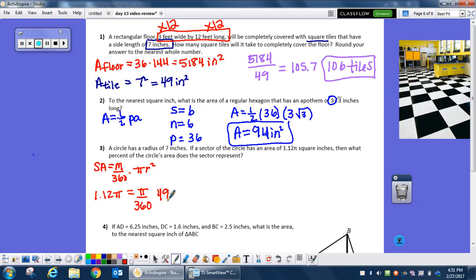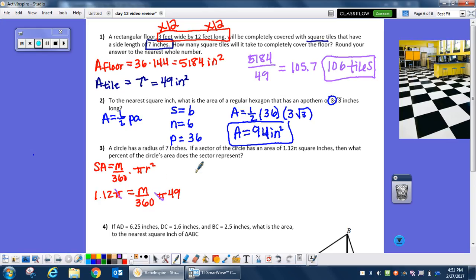Okay? Alright, and then the pi's are gone, and I'm just going to rewrite in order to help me, oh dear, let me go back, I forgot to put the m on the equation. Okay, alright, so we have m over 360 pi times 49, because that's r squared. And now we can cancel the pi's.